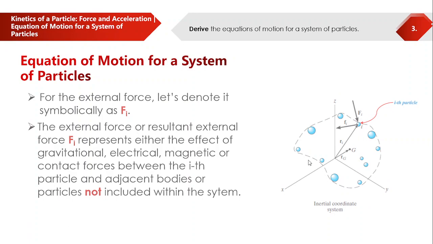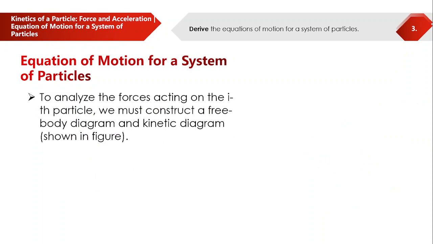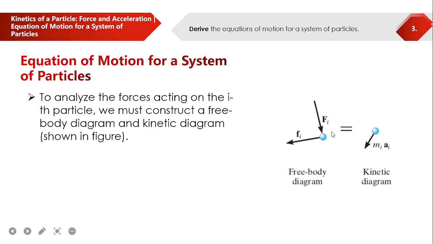Okay? To analyze the forces acting on the ith particle, we must construct a free body diagram and kinetic diagram. Kumbaga, i-isolate natin yung ith particle sa closed region natin para ma-analyze natin exclusively.